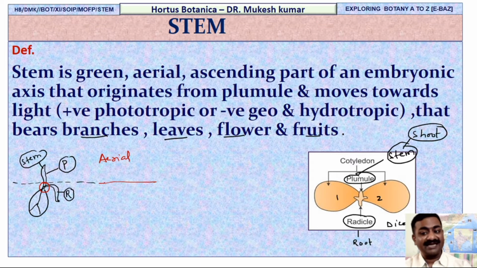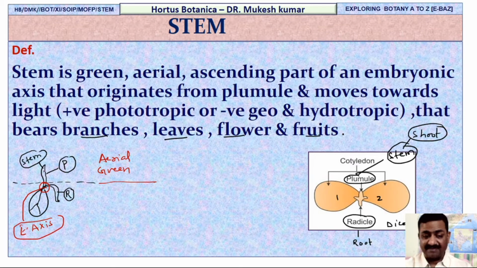The root was not green, but the stem is usually green. Remember, the embryonic axis is the source of origin of root and stem. In the root we studied it was the descending part, but here you can say it is the ascending part of the embryonic axis, isn't it?